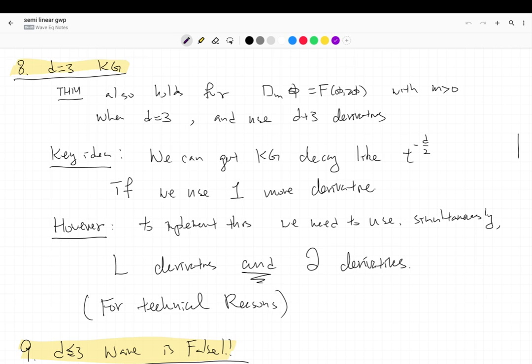We also discussed how, if we assume non-generic nonlinearities which are cubic or quartic instead of the generic quadratic nonlinearities, we can extend these down to dimension d equal to 3 and d equal to 2, by taking advantage of the fact that when you have cubic nonlinearities, you get an overall faster decay rate because you have two decaying factors to play with instead of just one.